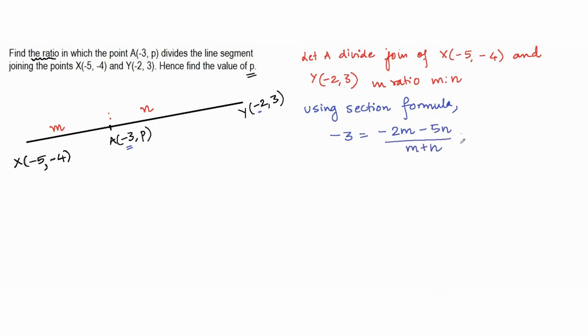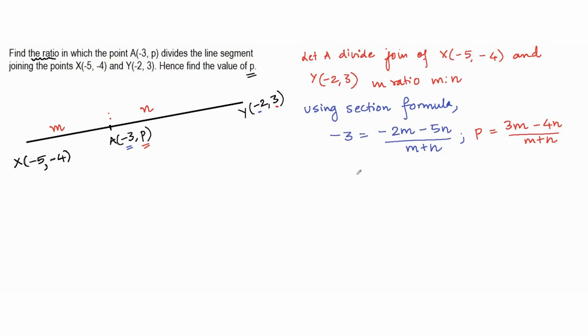This is the first equation. The second equation uses the y coordinate, and the y coordinate of A is p. So p is equal to m times 3, that is 3m, plus n times -4, that is -4n, upon m plus n.